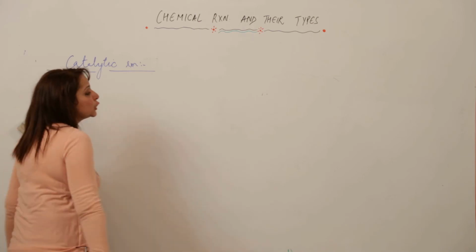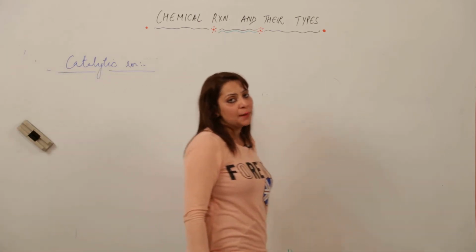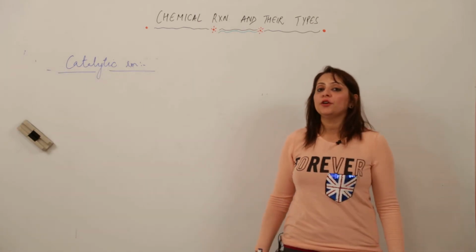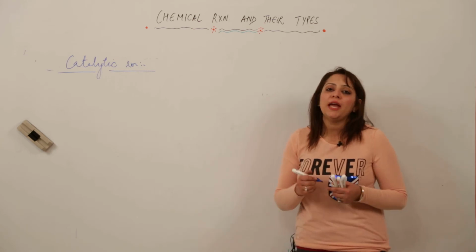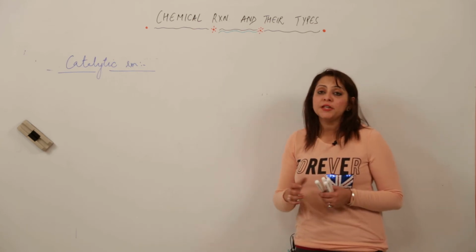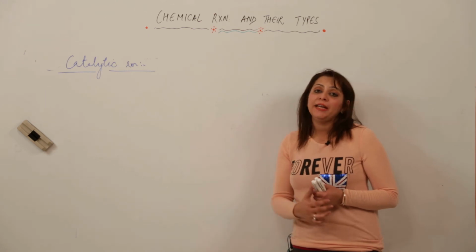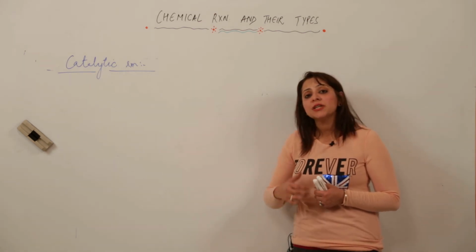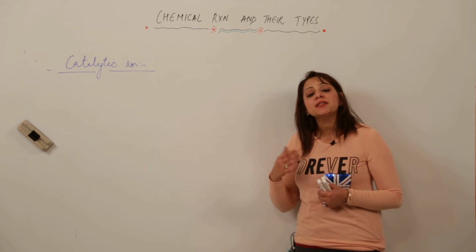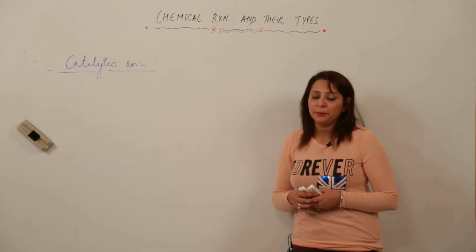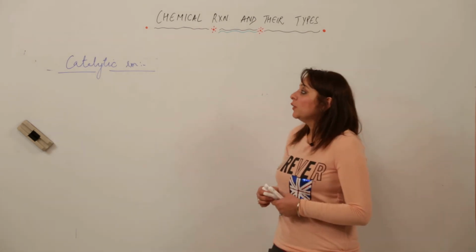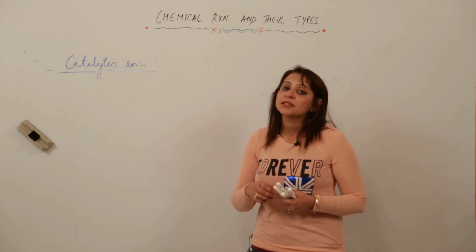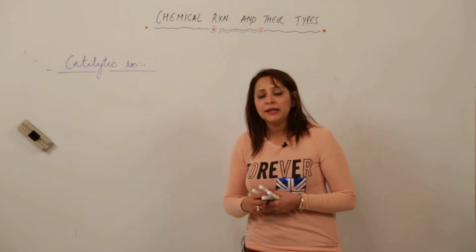A catalyst is a substance which just increases the rate of reaction without undergoing any change in itself. It is an important property that it does not bring any kind of change in itself. It is just increasing the rate, just making the reaction happen, right? So any reaction which occurs in the presence of a catalyst comes under the category of catalytic reaction.